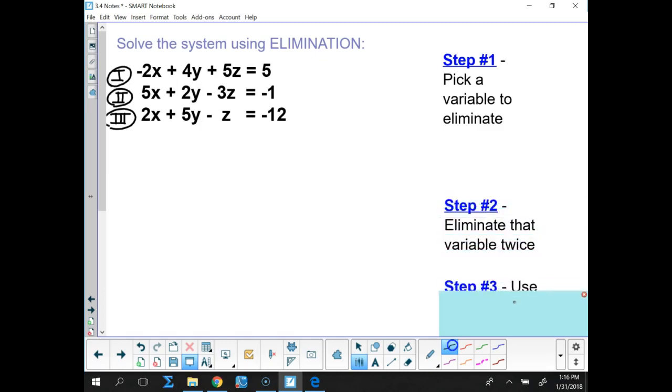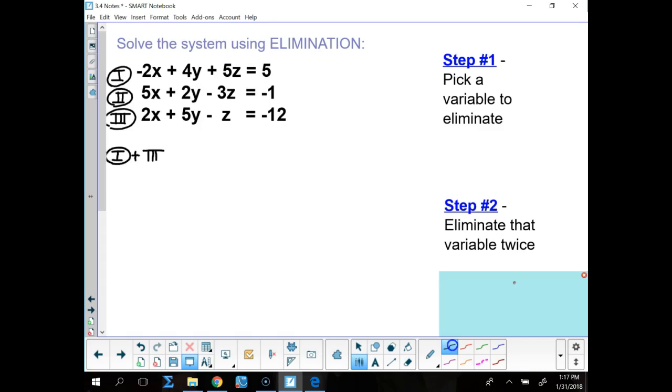Then, step number 2 says, I am going to have to eliminate that variable twice. Okay? So, my first one, I am just going to add equation number 1 to equation number 3.